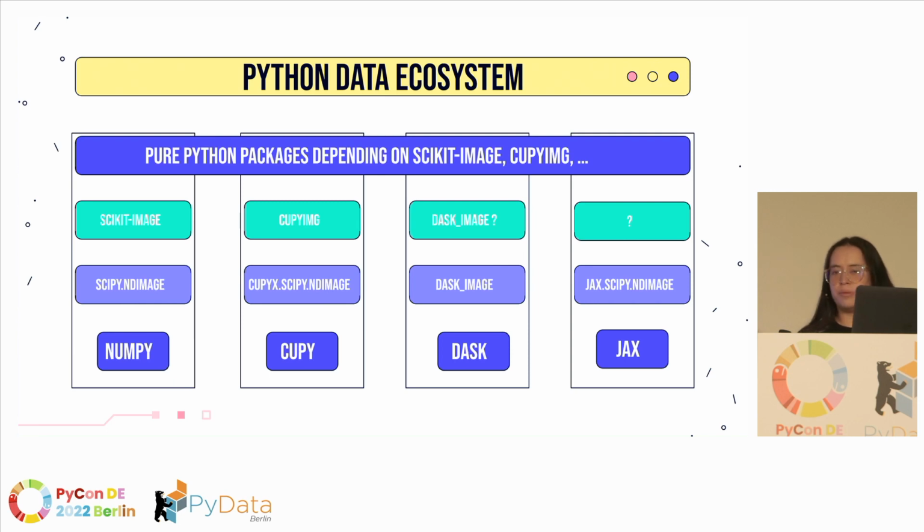And on top of that, we have more libraries that are just doing more user-friendly APIs or more direct solutions for certain problems. So in this example, I'm showing you all the libraries that we currently have for managing images. As you can see, we have one for NumPy, another one for CuPy, another one for Dask, another one for JAX.